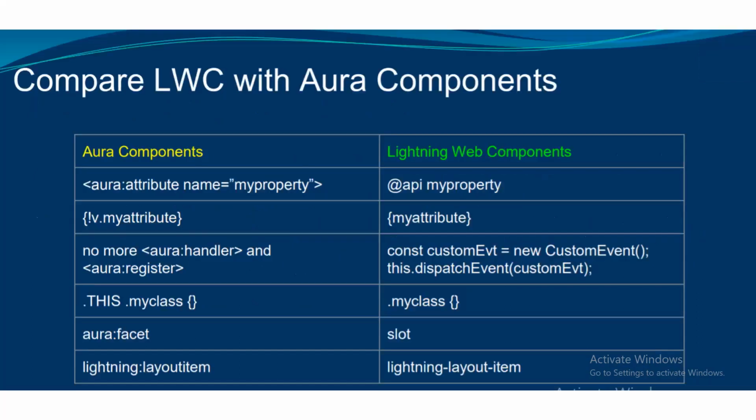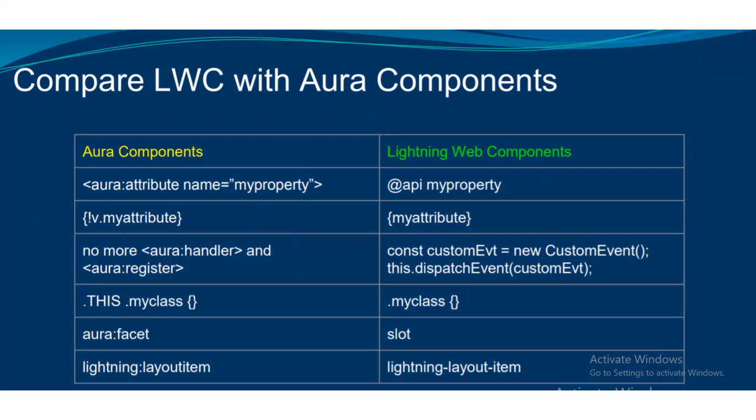So this slide basically shows how LWC is different from Aura components. In Aura components, we use attributes and we define the name and the property and all those things. Whereas in Lightning Web Components, we can define them with the help of @track or @api and the name of the property.